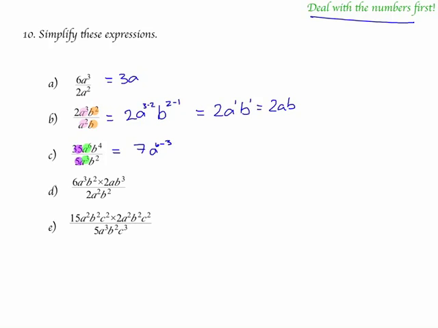And then if I look at my b term, b to the 4 divided by b squared. So I'm going to be left with 7a, 6 minus 3 is 3, 4 minus 2 is 2.